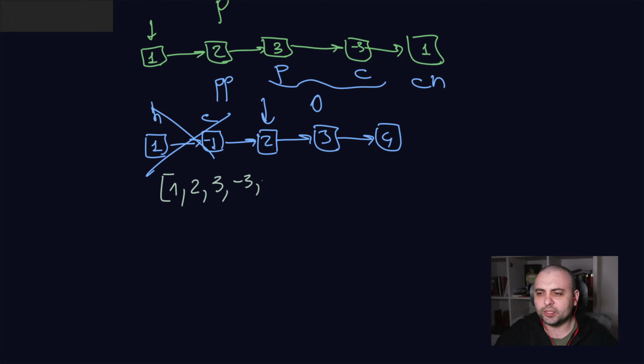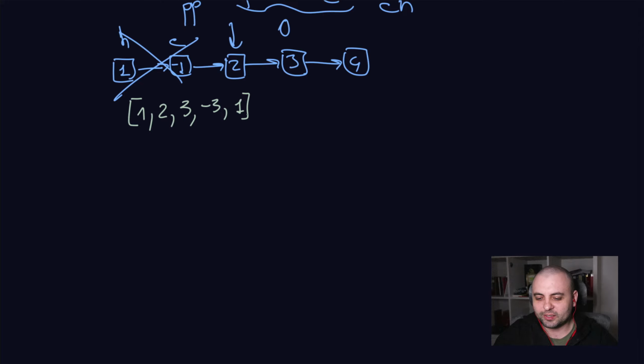Maybe I don't even need to form it as a vector. I will just do it at runtime using a stack. Oh yeah, that's even a good idea. Okay, so this one is pretty interesting.